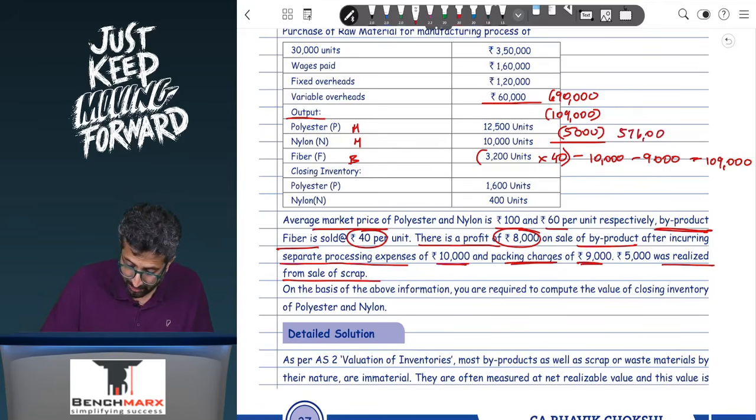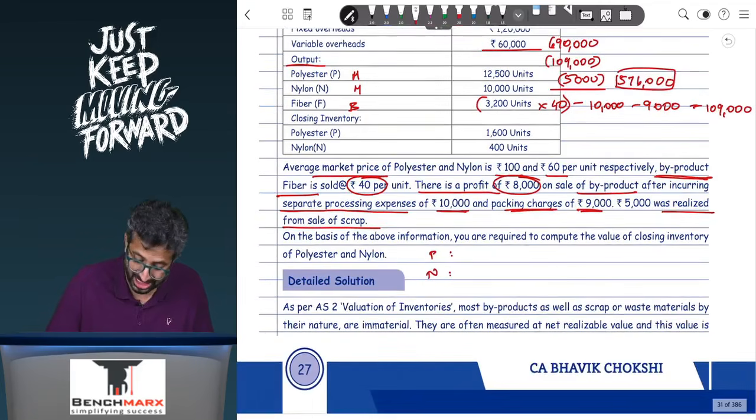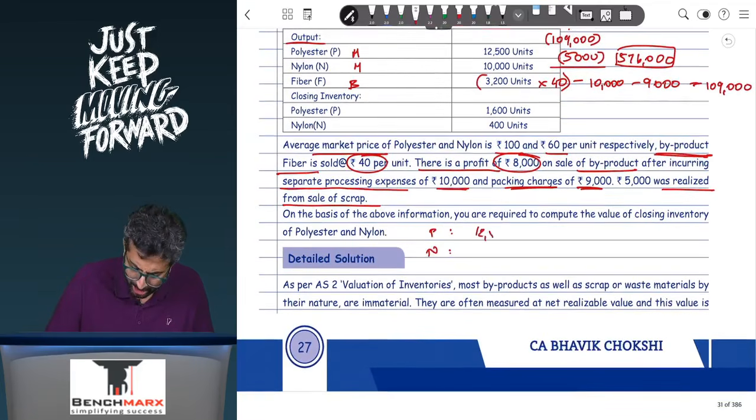Now the thing is, this 5,76,000 has to be allocated between polyester and nylon in the ratio of their sales value at split off point, which is 12,500 into 100 and 10,000 into 60. So maybe this is equal to 12,50,000 and this is equal to 6 lakhs.